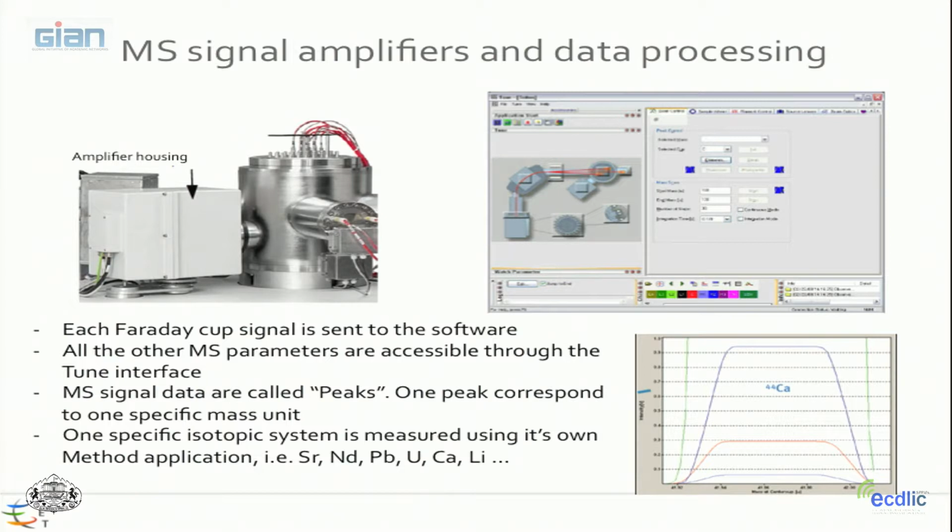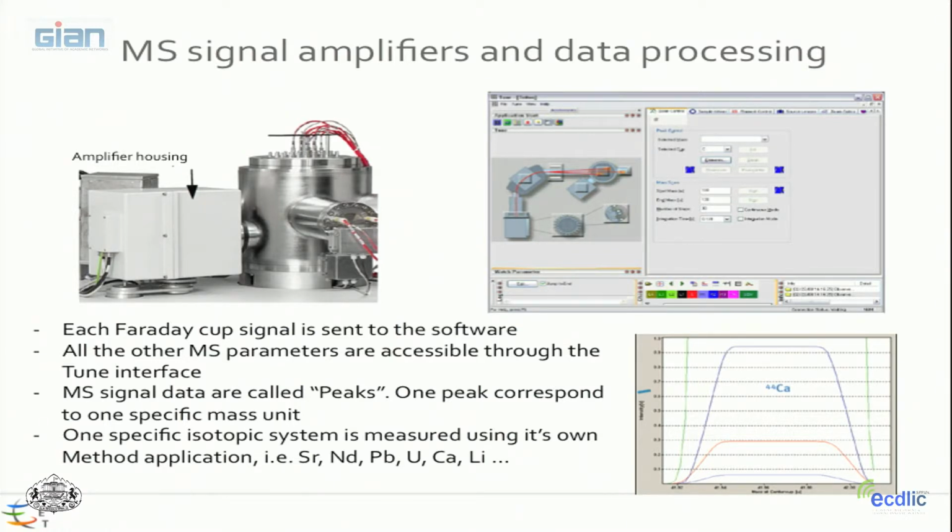Mass spectrometer people always talk about peaks, because the signal, when you see it on a window, either ICP-MS or TIMS, will look like this. The scale here is the mass. It's centered on the real mass of the isotopes.